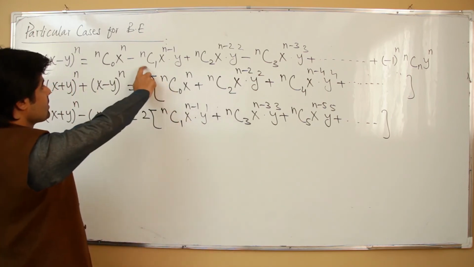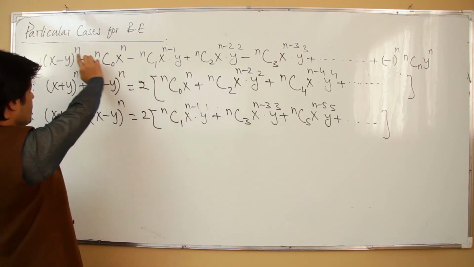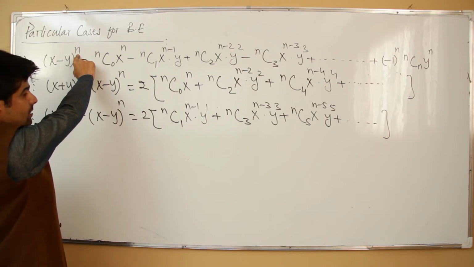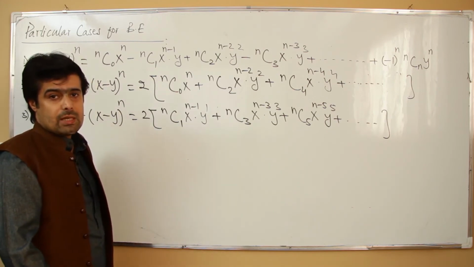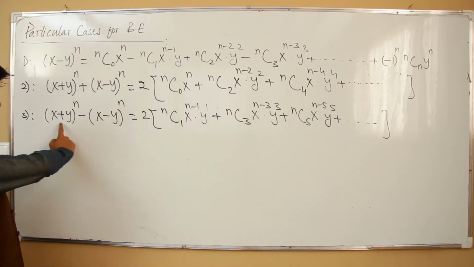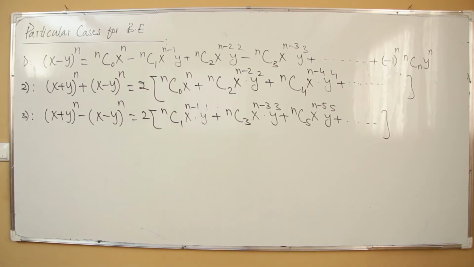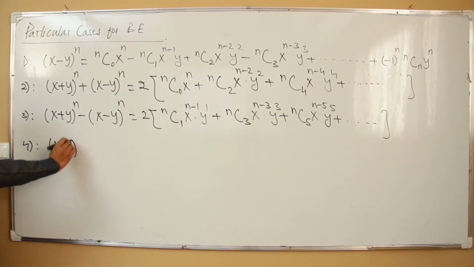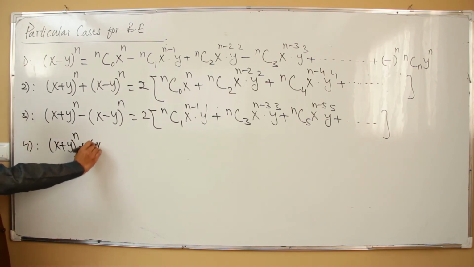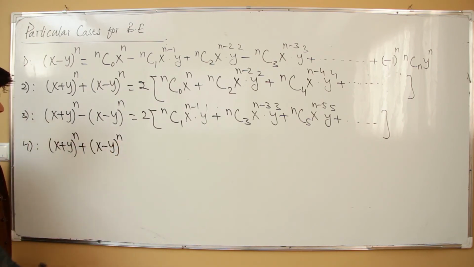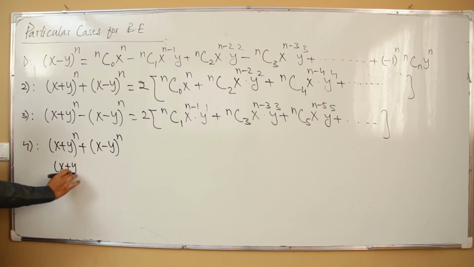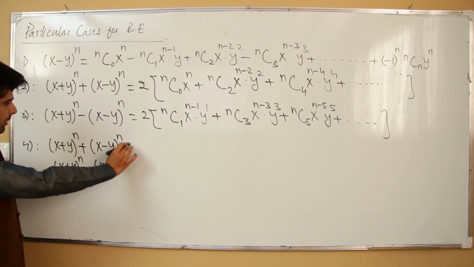You know how many terms we have in (x − 1)^n? We have n + 1 terms. But how many terms do we have here and here? Write it, we will come back. (x + y)^n + (x − y)^n, and (x + y)^n − (x − y)^n.